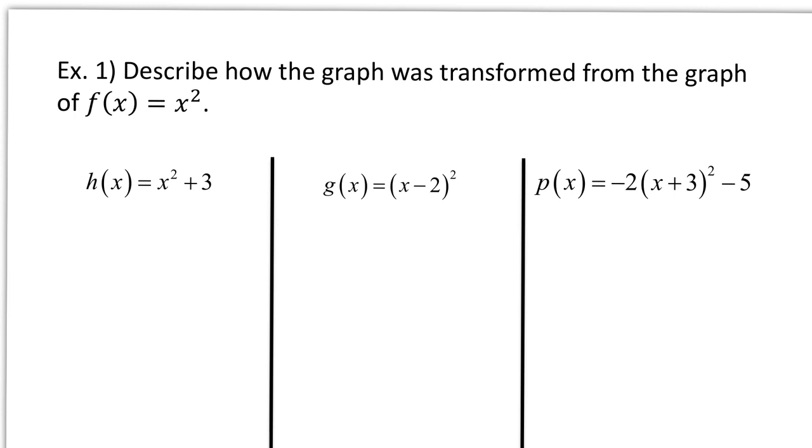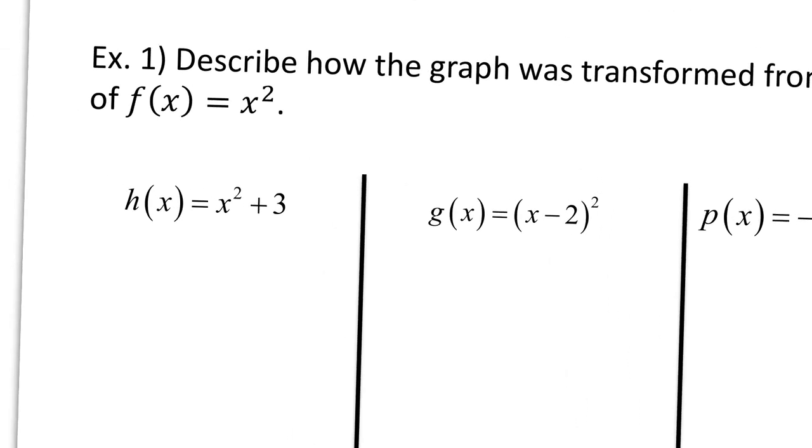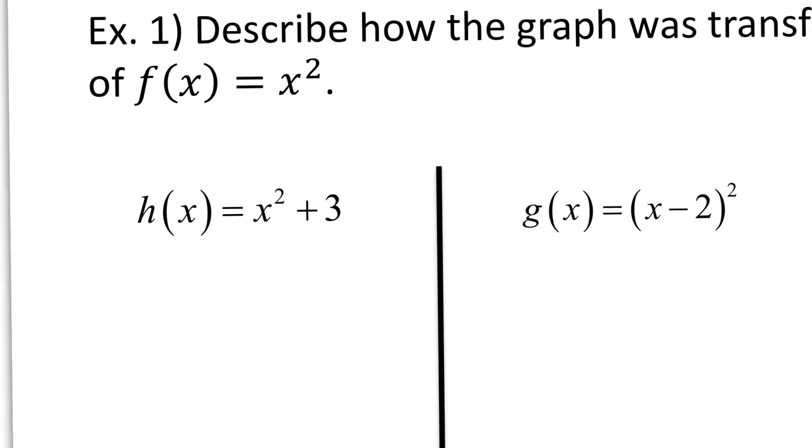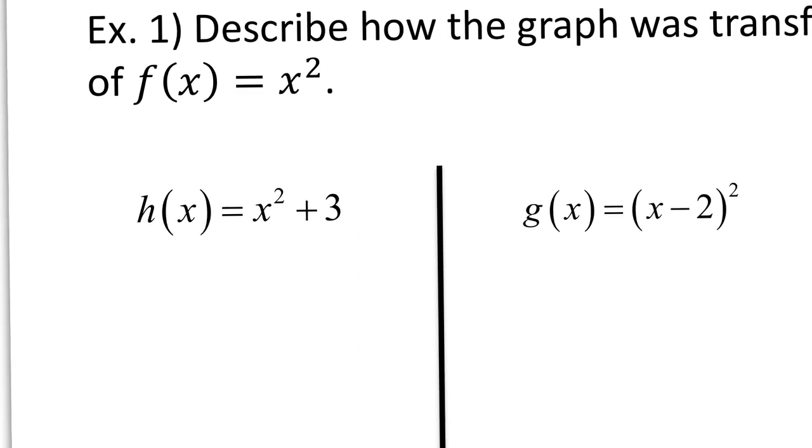So we have different functions. So we want to know, how is this transformed when you compare it to the parent function? So let's look at the first one, h of x. So going back to the vertex form, I'm going to write it down for you guys again. We need to know what numbers we have in the new function. So the parent function, f of x equals x squared, doesn't have parentheses, but the vertex form, and I'm going to write down the vertex form here, f of x is a times the quantity of x minus h squared plus k.